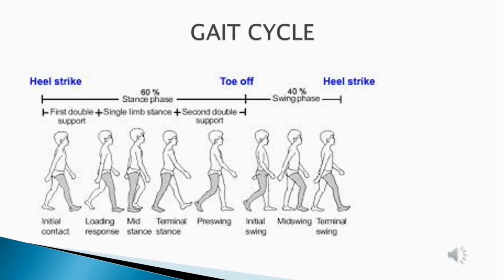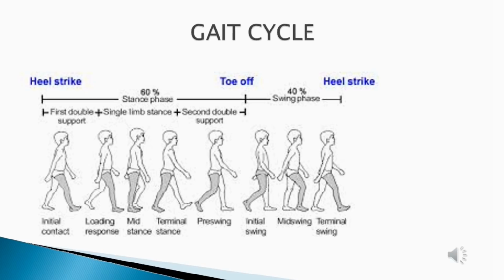Then as the body weight continues forward over the extended right lower extremity, we start to see the heel start to elevate from the ground as the ankle goes into dorsiflexion. Now, some textbooks refer to this as push-off. This particular diagram refers to this as the terminal stance phase of gait.